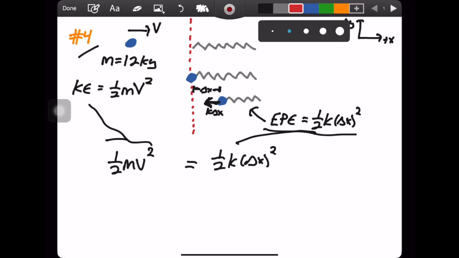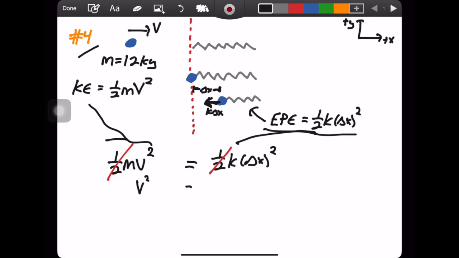At this point, we can just do algebra. We see that there's a 1/2 on each side of that equation. I can divide both sides by m so that I have v squared equal to k, the spring constant, divided by m, times delta x squared.